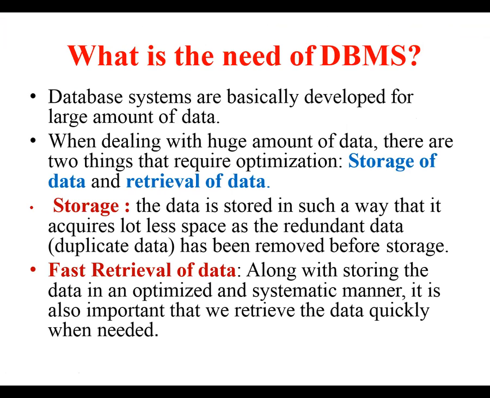We have to store it somewhere and retrieve it from somewhere. So that is the basic need of a database. When dealing with a huge amount of data, two things are required for optimization: storage of data and retrieval of data. First, storage of data.